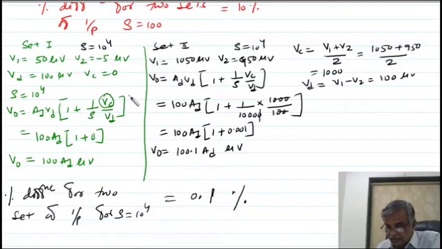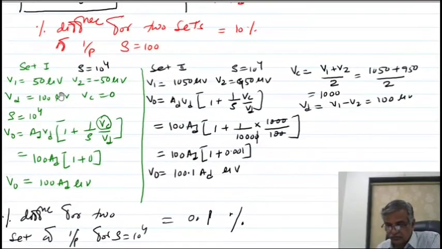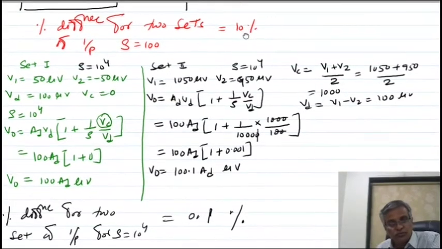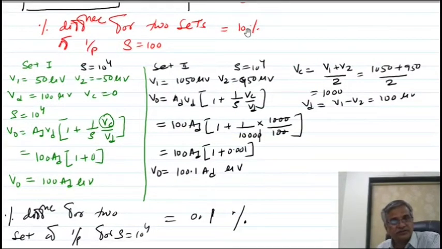So what is the conclusion? If rho is 100, what is the difference in output voltage? 10%. If rho is 10 raised to 4, what is the difference? Only 0.1%.